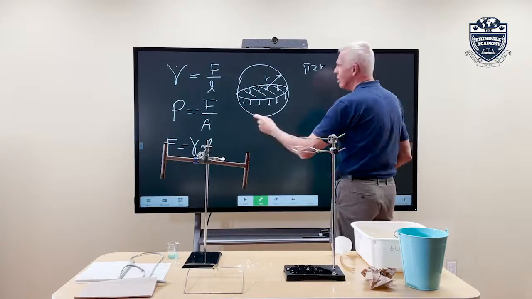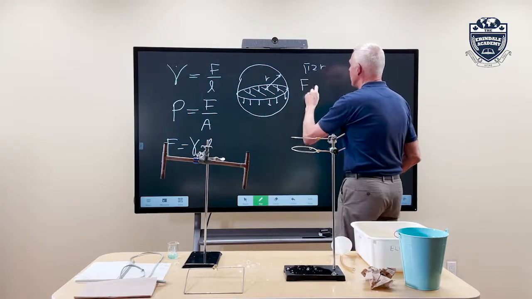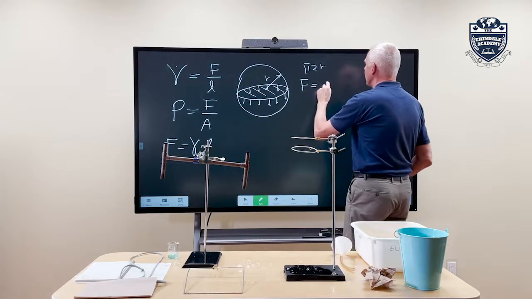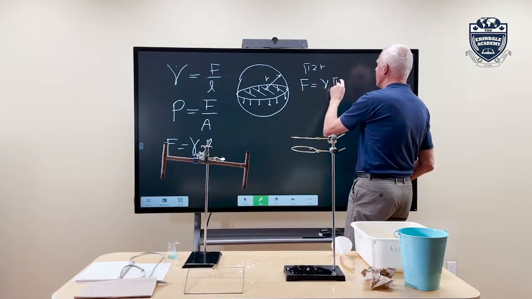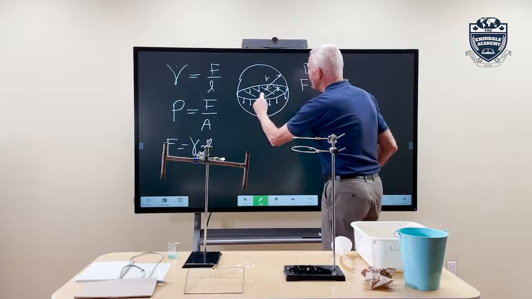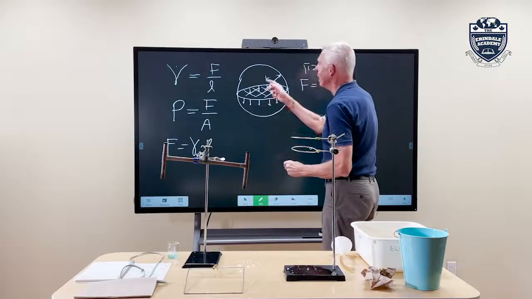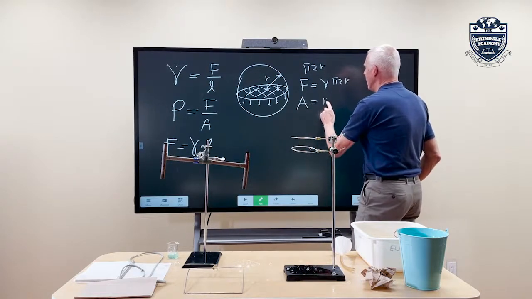So what is the force? Well, the force is equal to the surface tension times the length. Surface tension times pi 2r. Now that's acting on an area here. Well, what is this hatched area here? It's pi r squared.